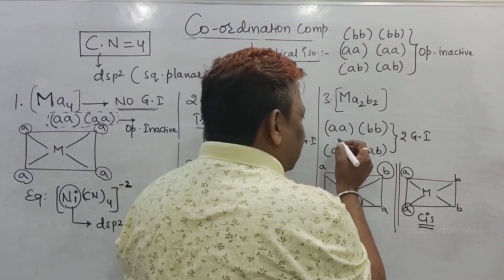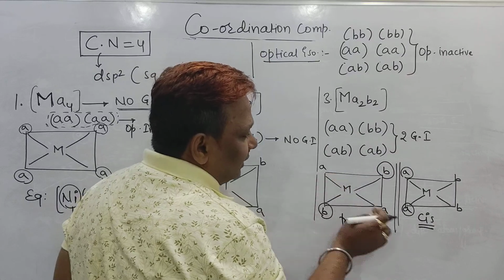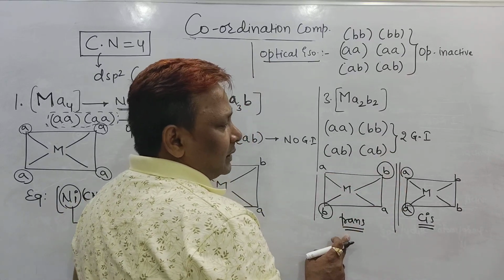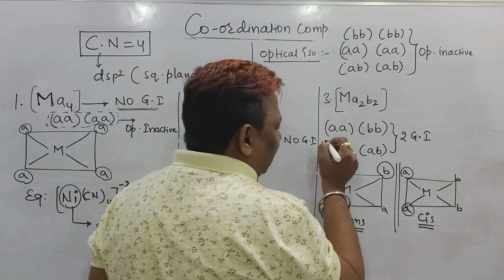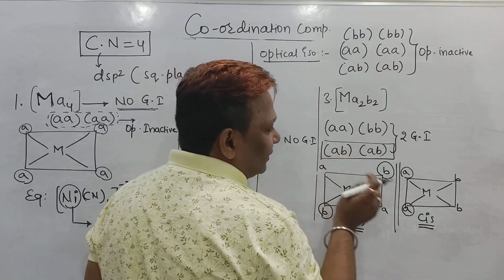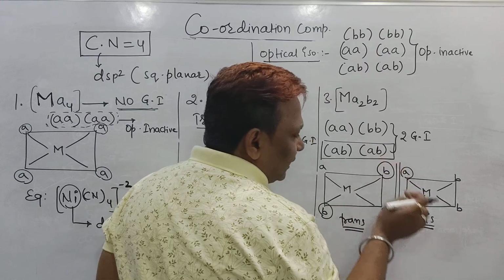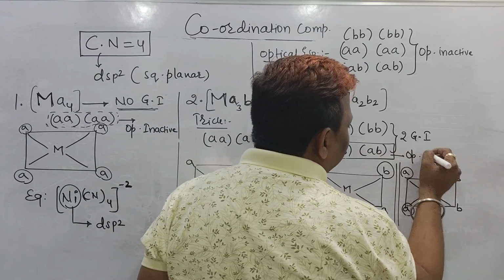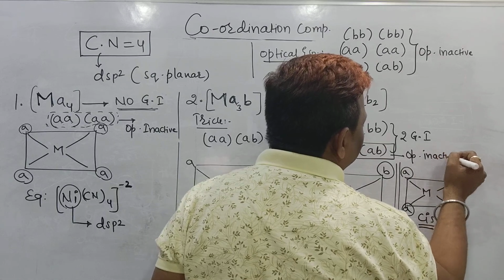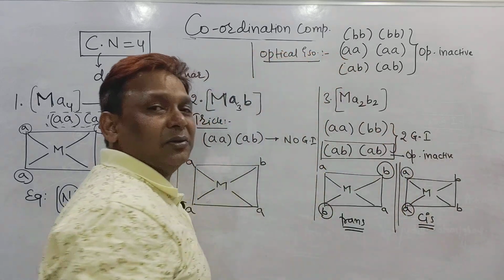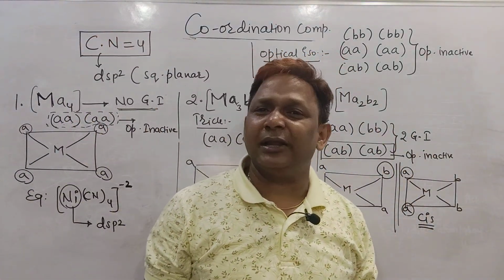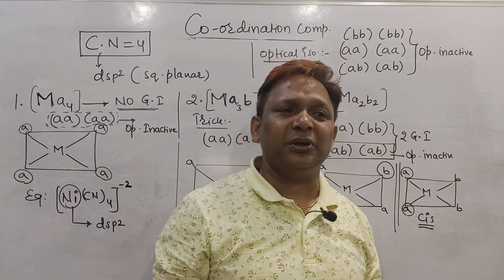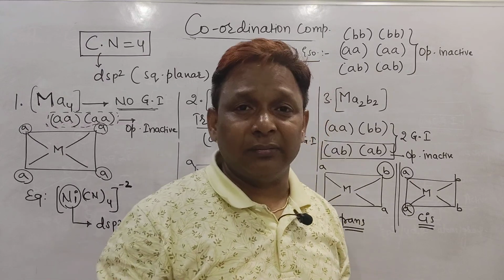So this complex compound is optically active. But wherever the AB pair is there, AB means AB, this compound is optically inactive, but the top one is optically active. Anyhow beta, in NCERT also they didn't mention coordination number 4 dsp2. You have to check it out with optical activity and all.